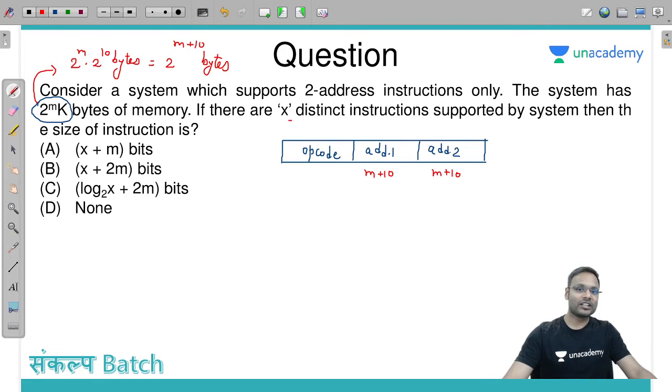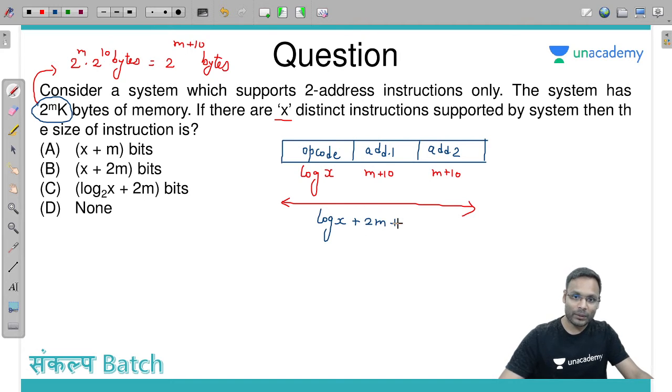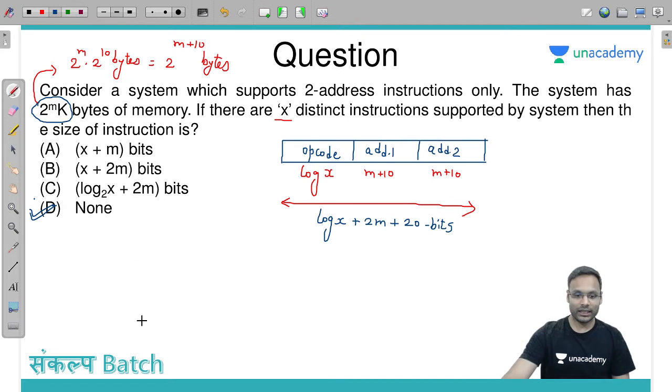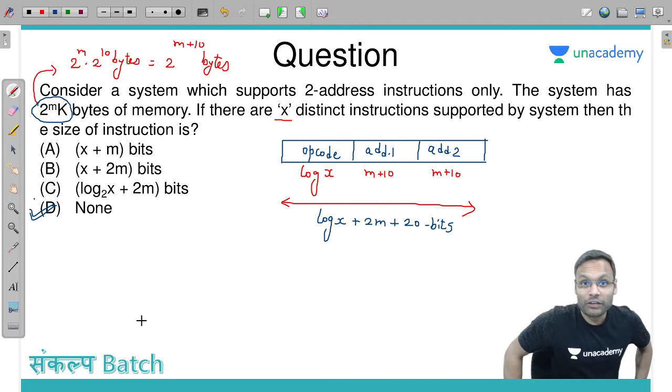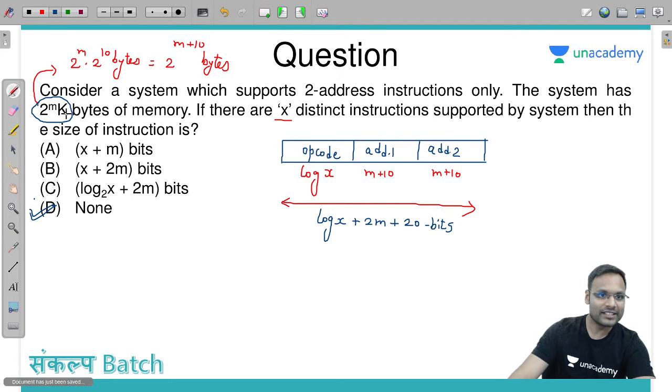If x distinct instructions, then the opcode will be log of x bits, right? So entire instruction will be how much? Entire instruction will be log of x plus 2m plus 20 bits. Any option matching? I guess no. D option is correct. Now see, in this particular question, which is another tricky question, a small trick I have given here is this k.